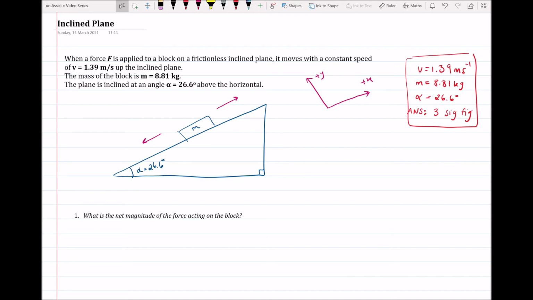So, constant velocity indicates that there is no force on the block in total, because if there was a force on the block, then our body would be accelerating. Since we don't have an acceleration and it's a constant velocity, we can say that our total force, F net, is equal to 0 newtons.